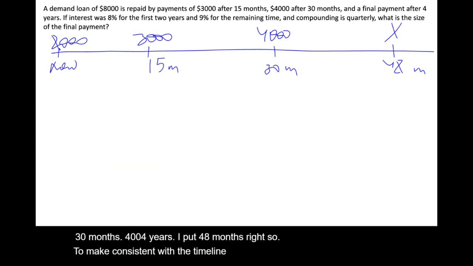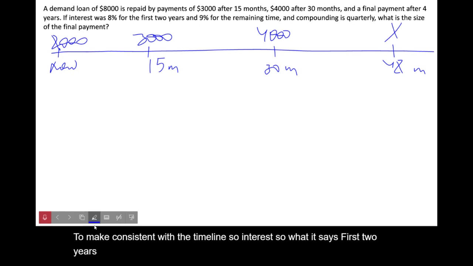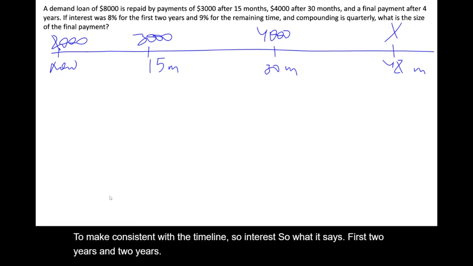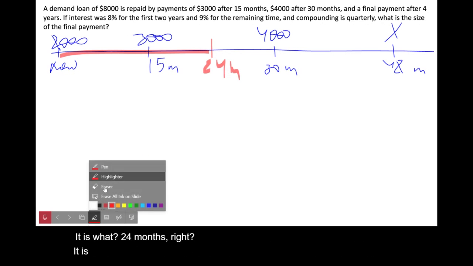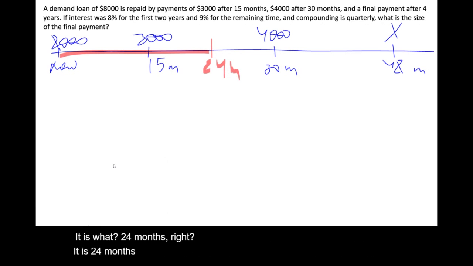So interest. What it says, first 2 years, and 2 years, it is 24 months, right? And we had J4 8%.